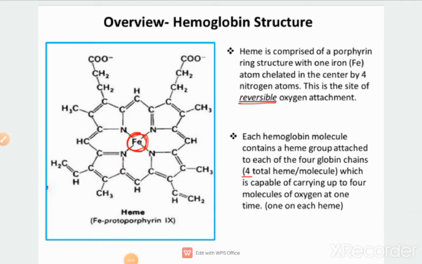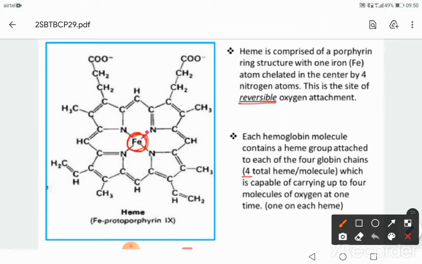So this is the overview of hemoglobin structure. In the center you can see the ion Fe, Fe2+, and heme is comprised of a porphyrin ring structure with one iron atom chelated in the center by four nitrogen atoms.